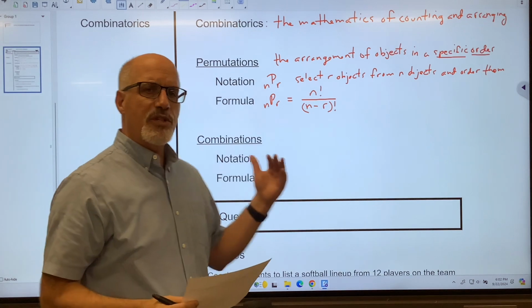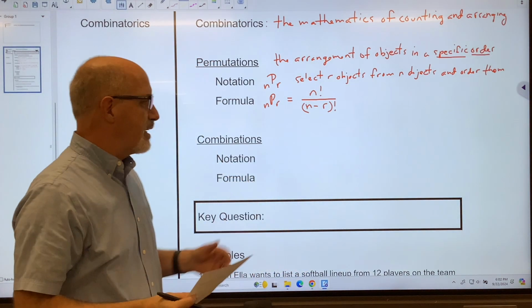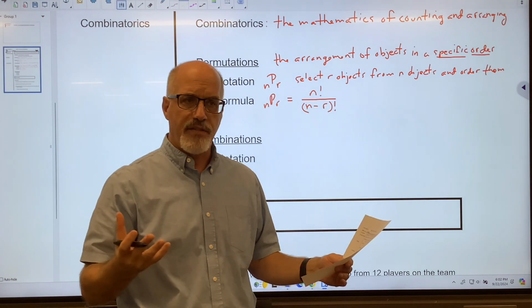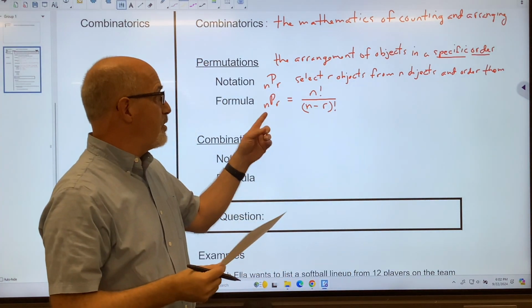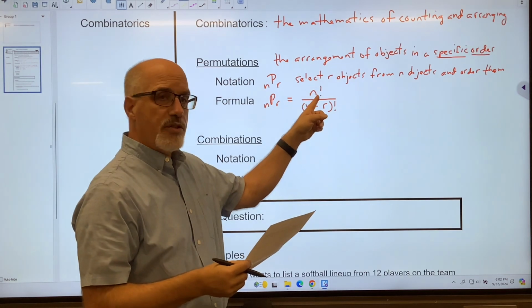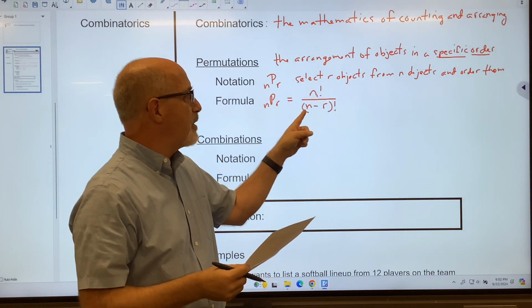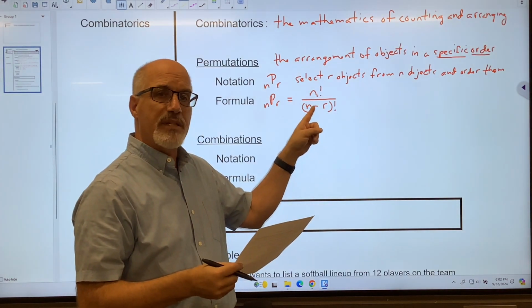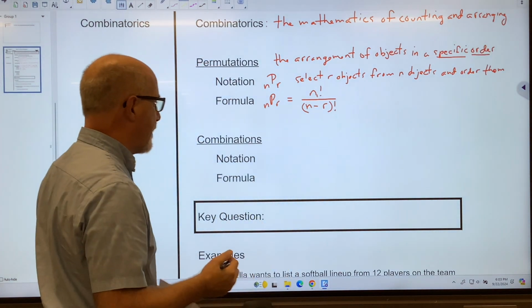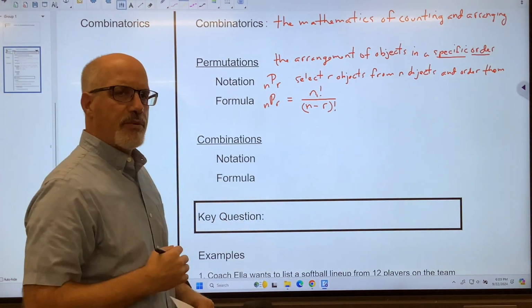Then we'll have some reducing down to get the answer. As an example, if I had 22 students and select 5, there'd be 22P5: we'd have 22 factorial on top, and in the bottom we'd have 22 minus 5, which is 17 factorial, and we calculate that. We'll get to some more examples in just a minute.